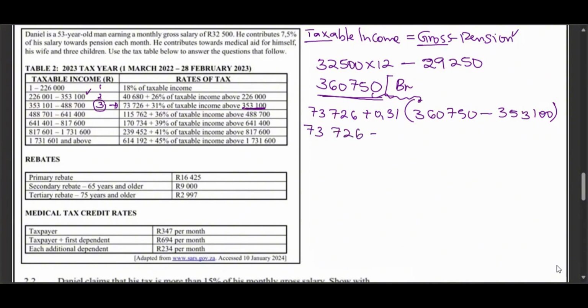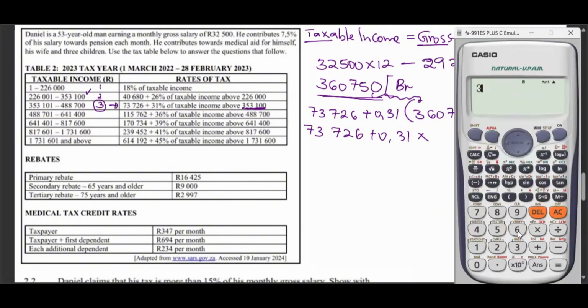Do this for me. Get the answer from the brackets: 360,750 minus 353,100.